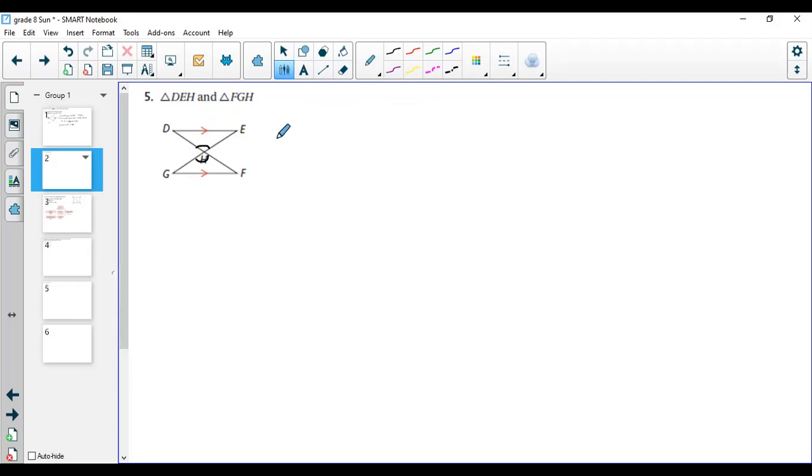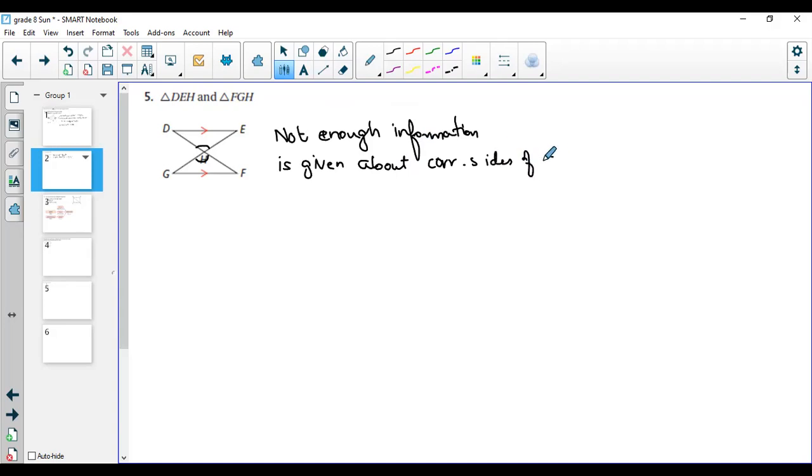So you can write: not enough information is given about corresponding sides of congruence.